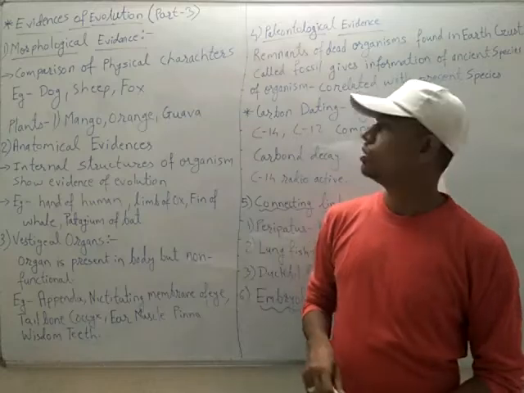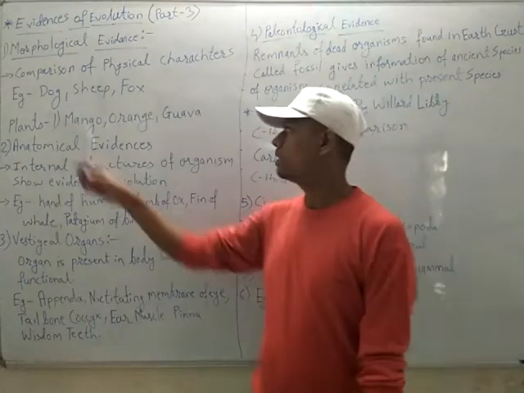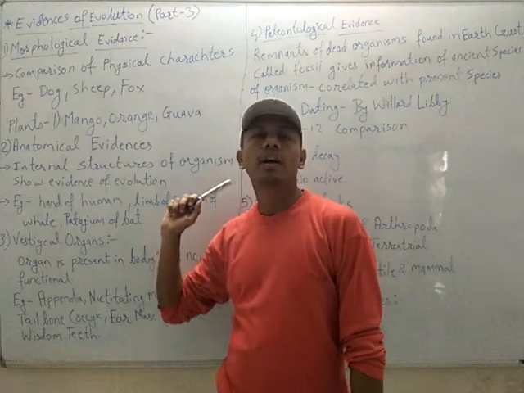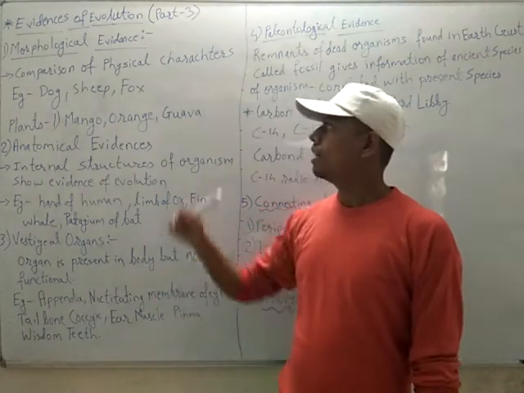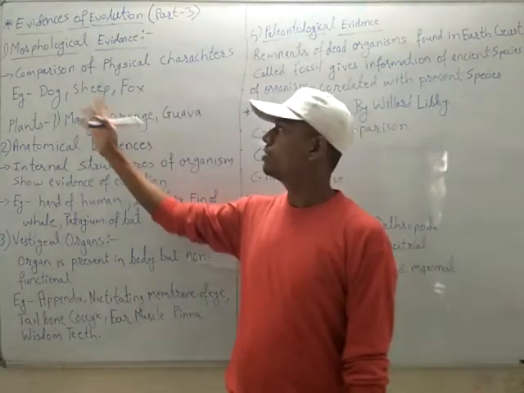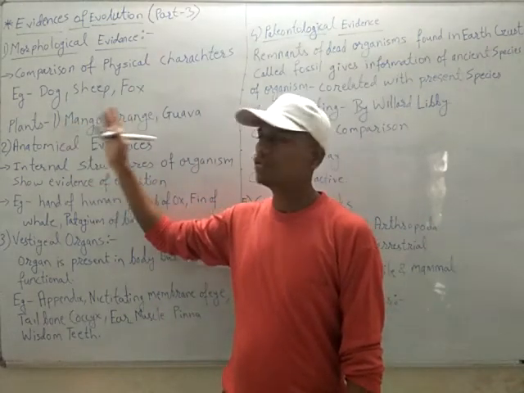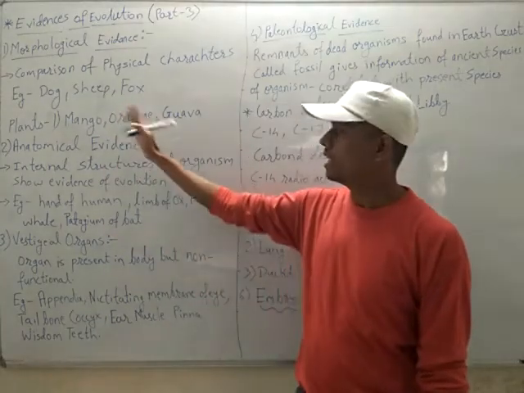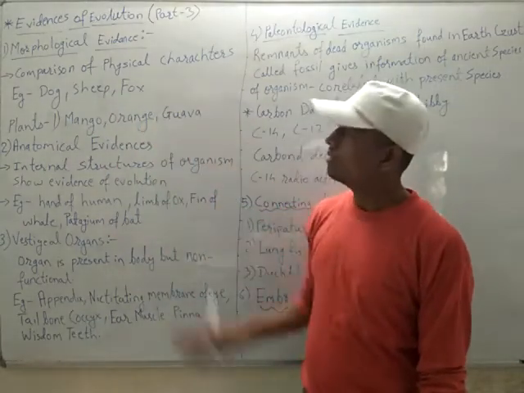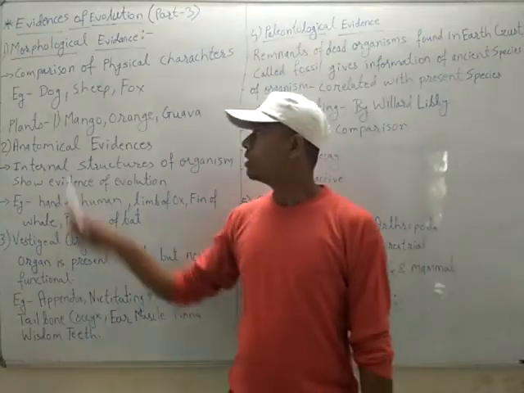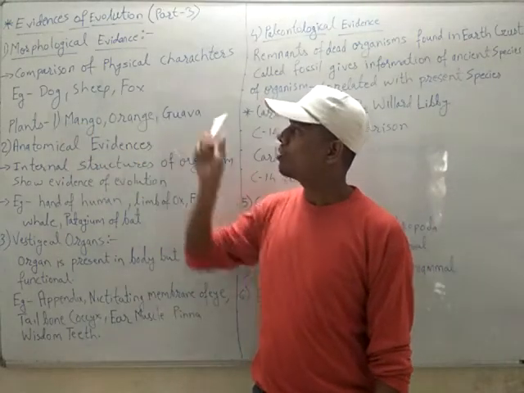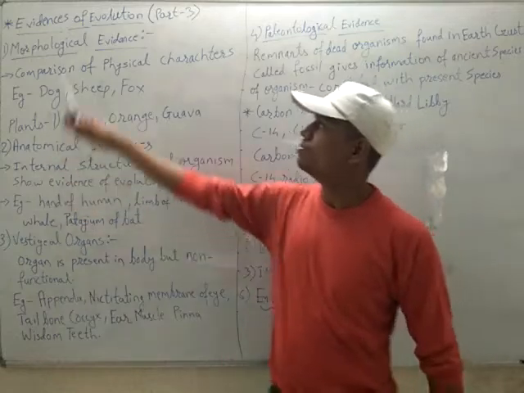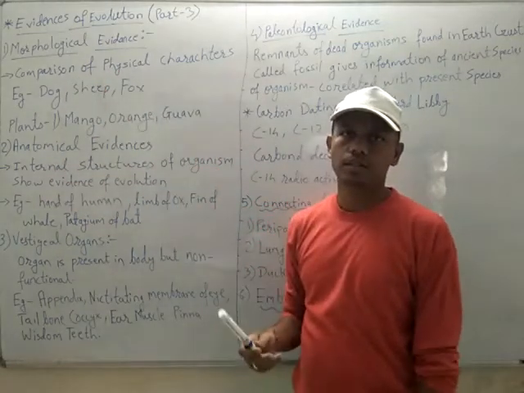There are a few different characters that can be seen in the dog, sheep and fox because these are very different kinds of animals. They have diverse functions and they live in different habitats. They eat different food, but even so they share the same morphological characters. So that is called morphological evidence.